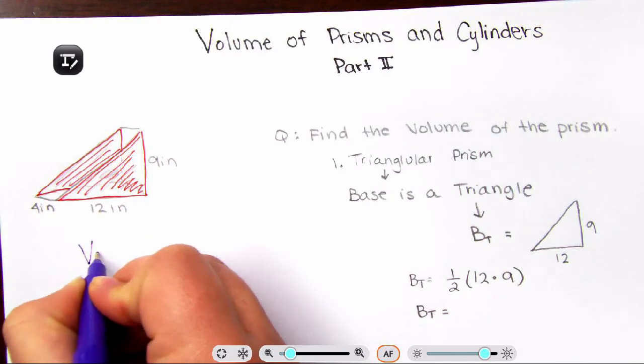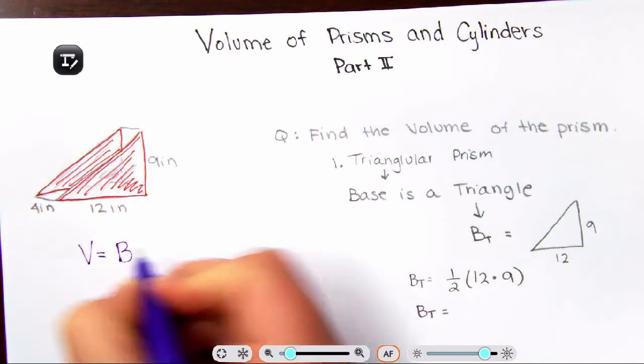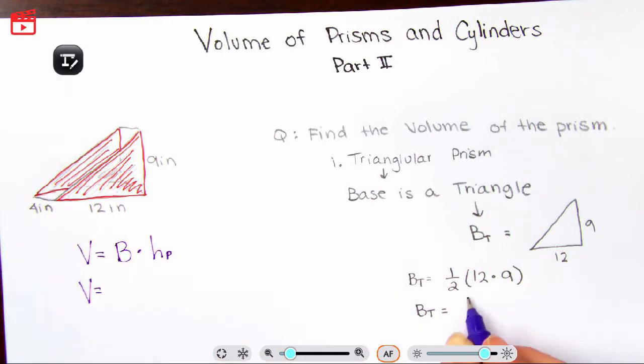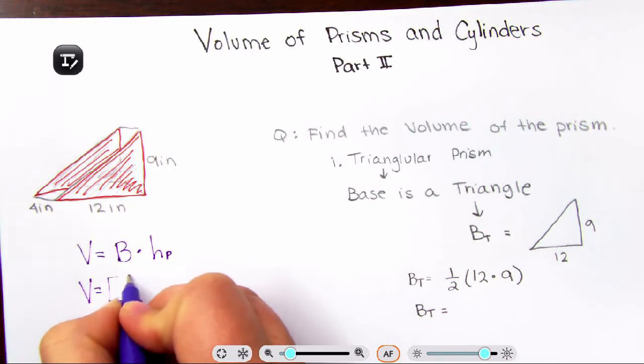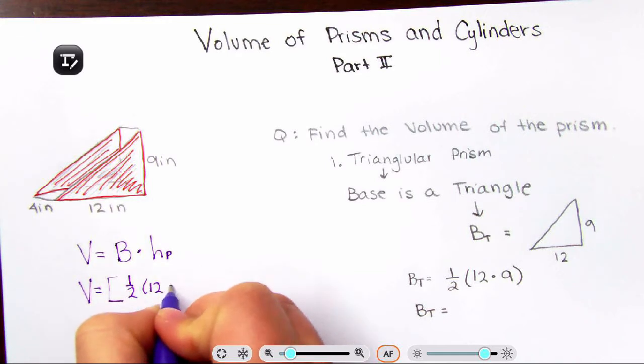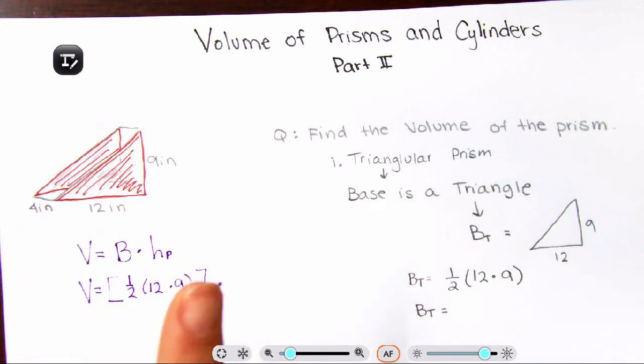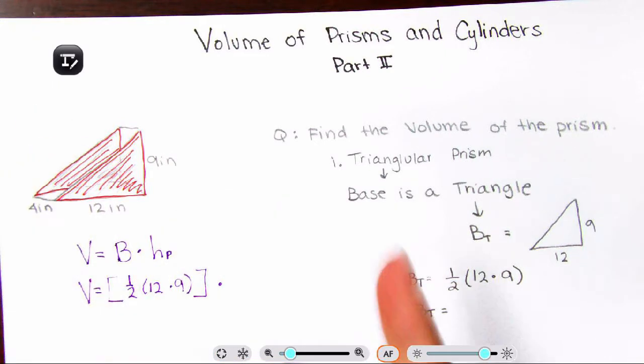So volume is equal to the area of the base times the height of the prism. Volume is equal to the area of the base, so we discussed that. That is 1/2 times 12 times 9. And then we're saying height of the prism. Once we take our prism and shift it up, our height is 4 inches. Then we use our trusty calculator over here.